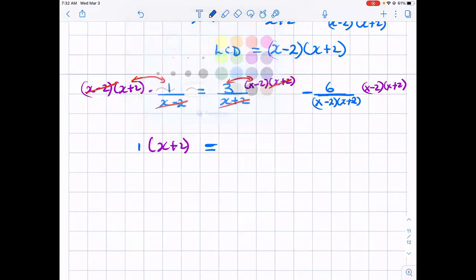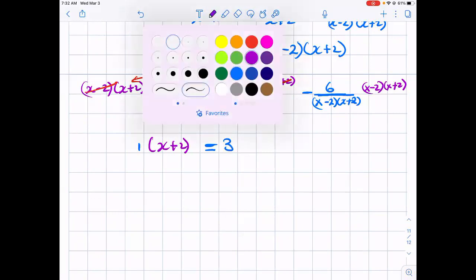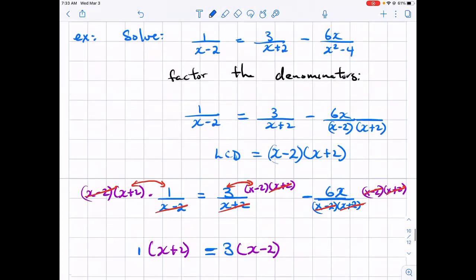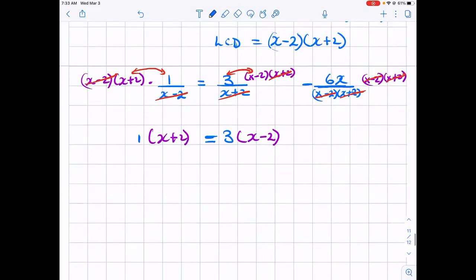I'm left with 3 times x minus 2. And then in this case, the x minus 2 cancels with the x minus 2. The x plus 2 cancels with the x plus 2. Don't forget, I had an x here. There was an x there, yes. So I'm left with minus 6x, okay?